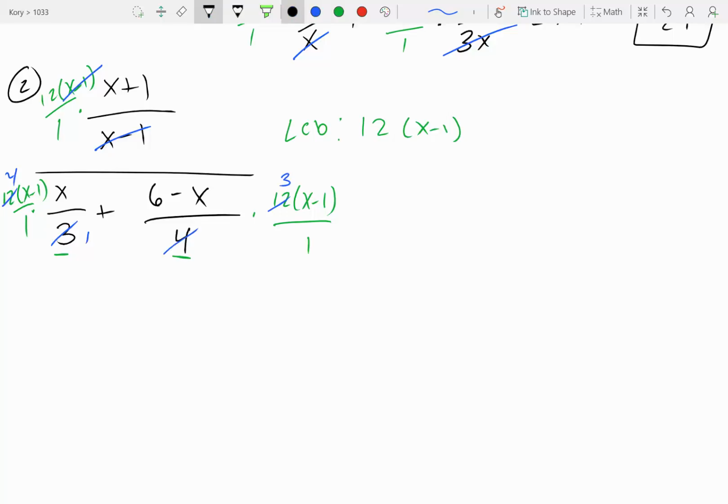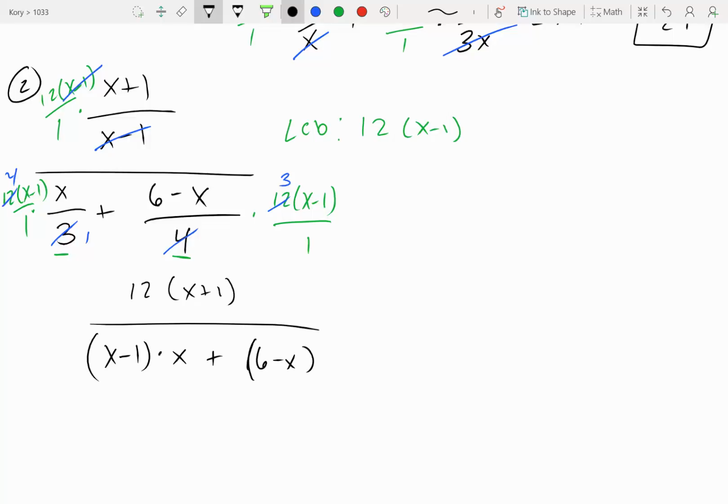Now let's write what we have left over. We have 12 times x plus 1 over x minus 1 times x plus 6 minus x times 3 times x minus 1.